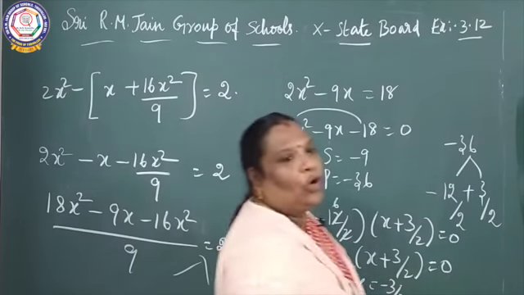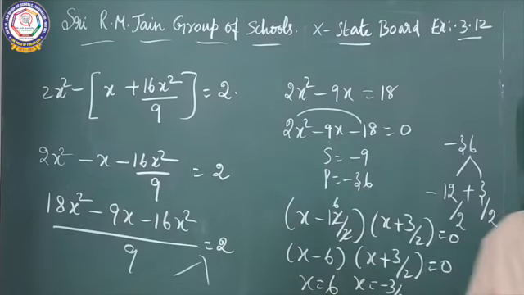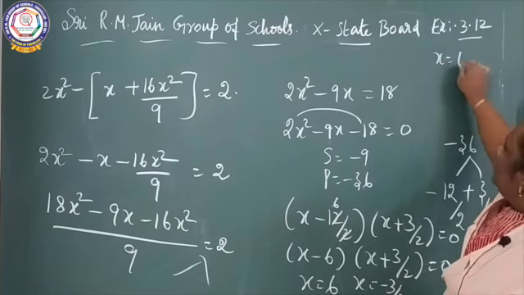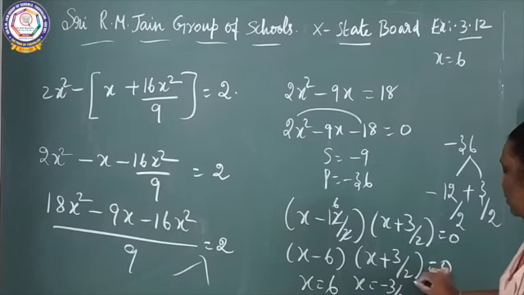The number of bees cannot be negative. So, you can take x equal to 6; minus 3 by 2 is not possible.